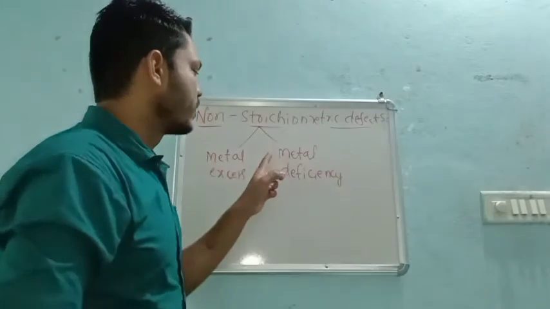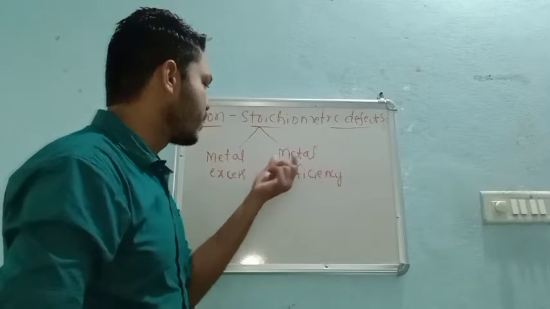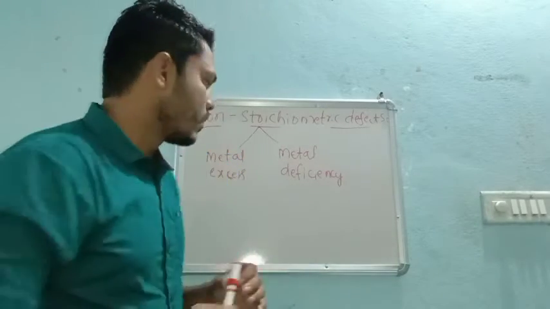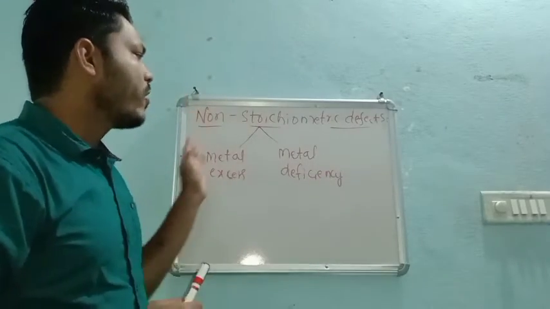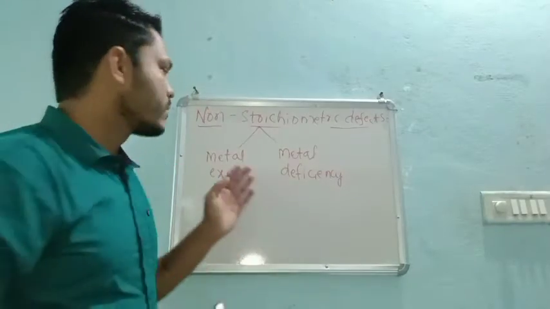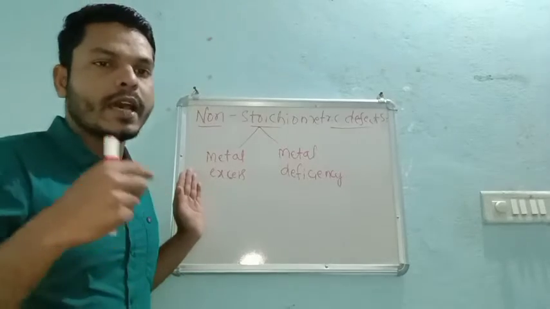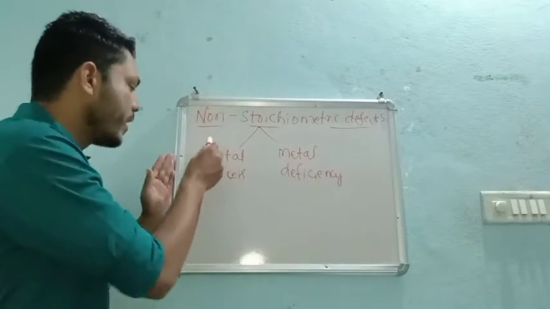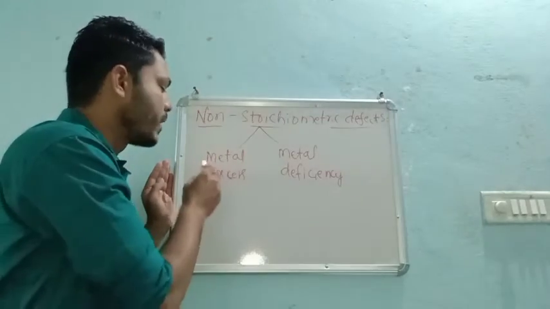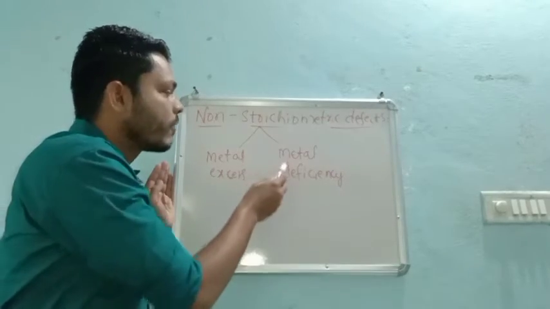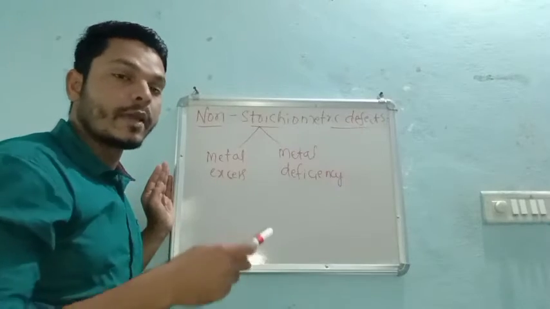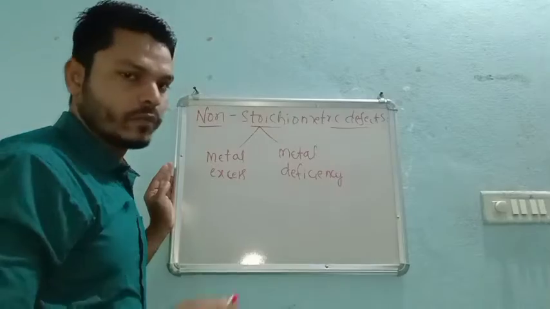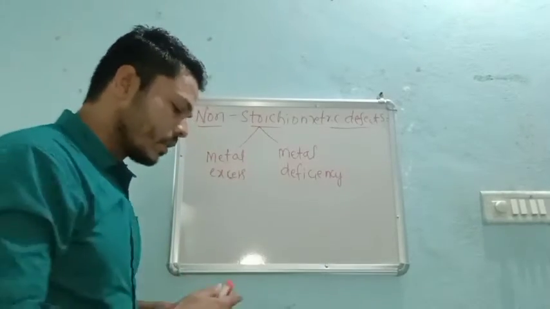Metal deficiency means less. That means positive is dominating in metal excess defect, and in metal deficiency the positive is less, that is, negative charges are dominating. Different cases we will see.